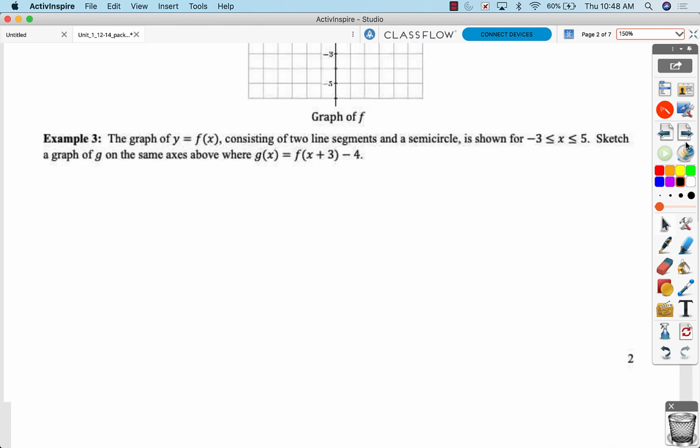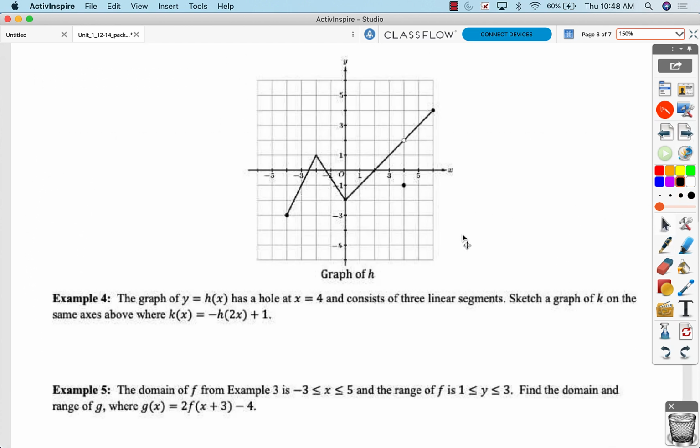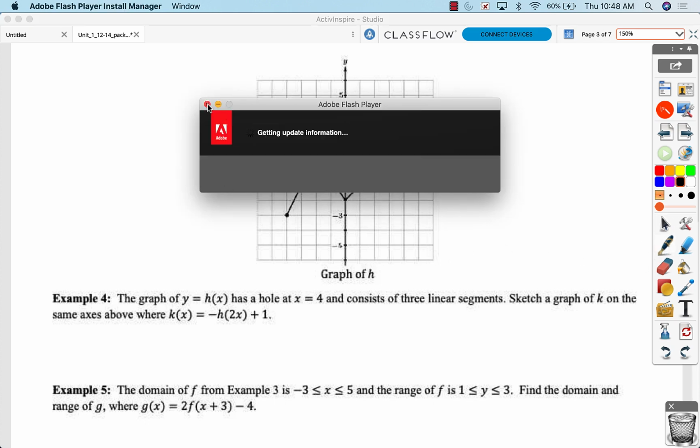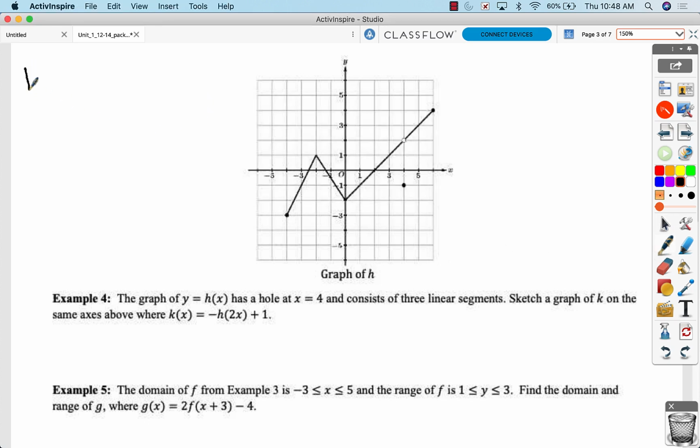Okay, more examples there. These could be a lot more tricky when you get this. So you have k of x is equal to negative h of 2x plus 1. I always attack this part first, anything that's in here.